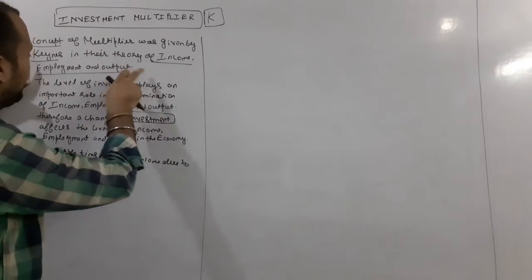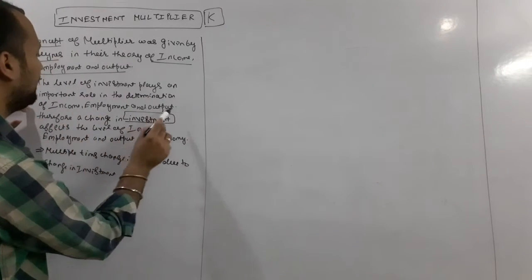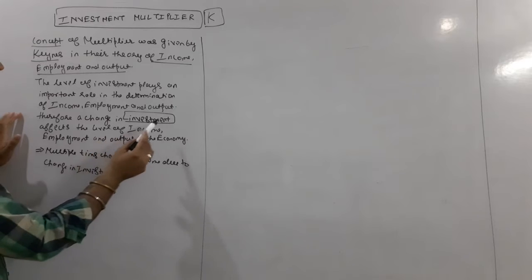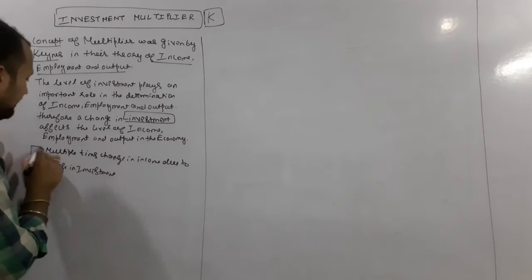In the theory of income, employment and output, the level of investment plays an important role in the determination of income, employment and output. Therefore, a change in investment affects the level of income, employment and output. Multiplier means the ratio of change in income and change in investment.